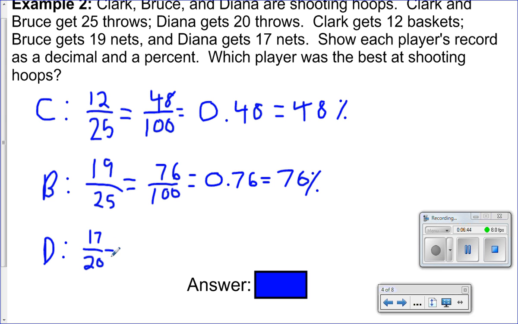For Diana, if we multiply by 5 for both numerator and denominator, Diana actually ends up with a score of 0.85, which equals 85%.